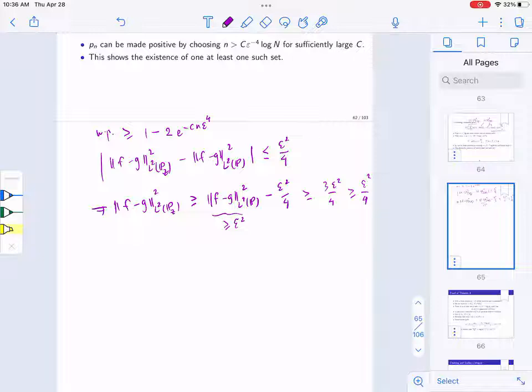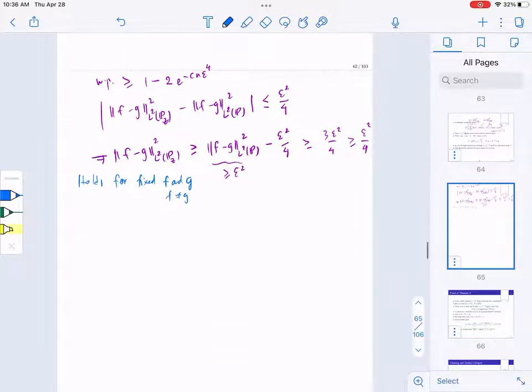Now I want to say that this holds with some high probability for all f and g distinct. What can we do here? I want to upgrade this from holding for fixed f and g to a uniform statement over f.